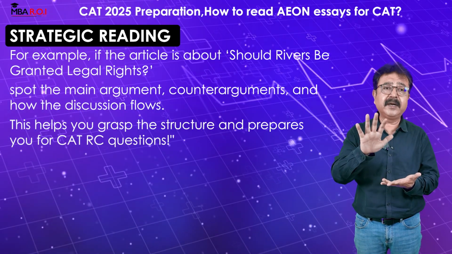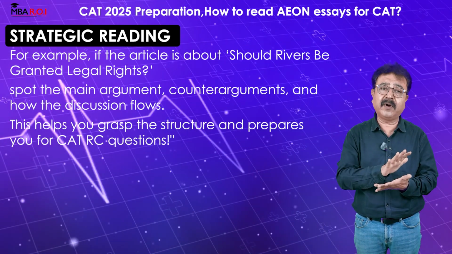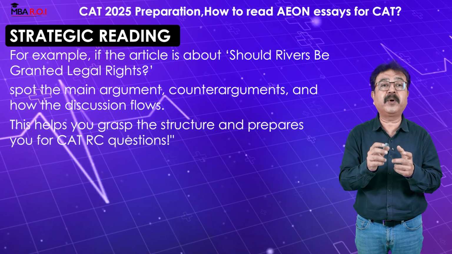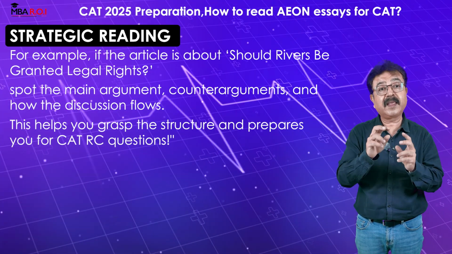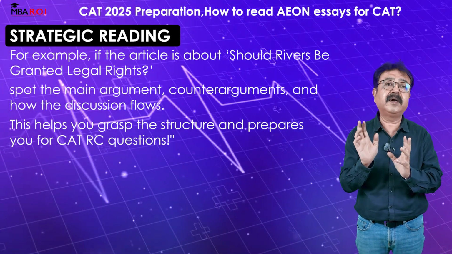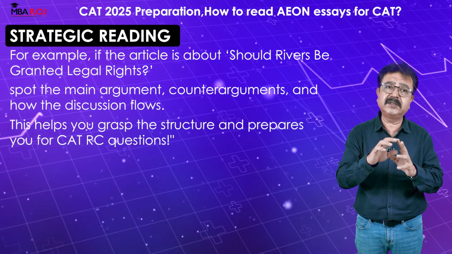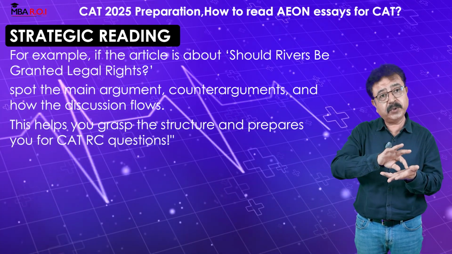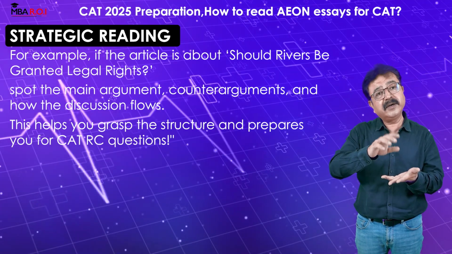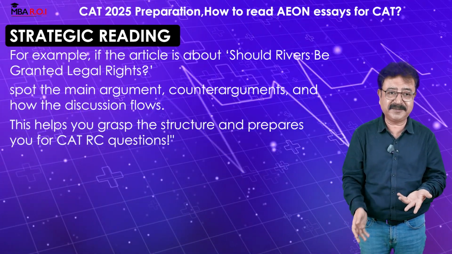Otherwise, you can take 5 to 10 words from AEON essays and learn them with a web of words approach. Supposing you have taken a word, let's say juxtapose, you should look at its synonyms, its antonyms, and its uses in different situations.